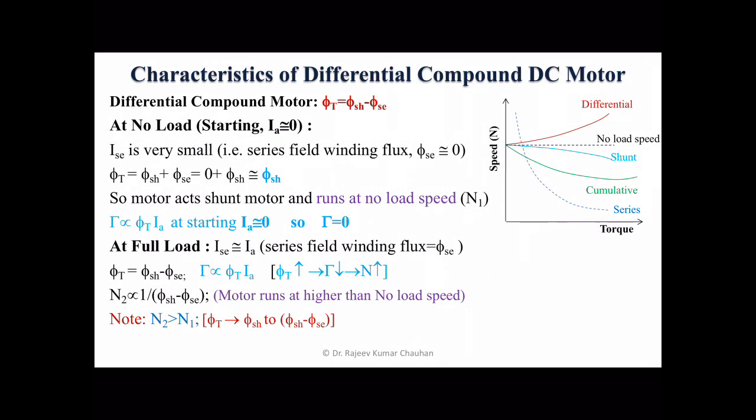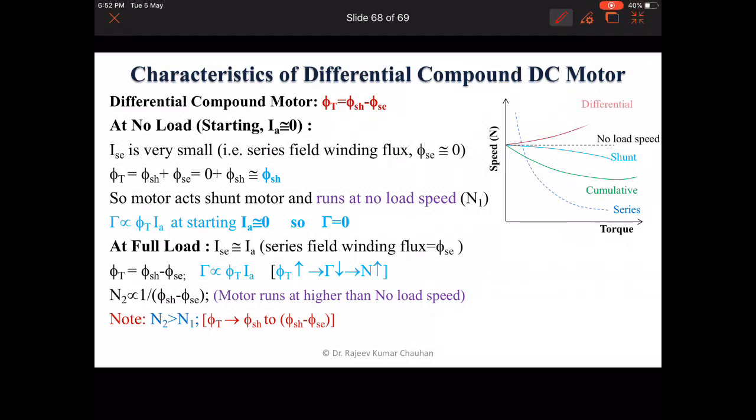Differential compound motor: phi t is equal to phi SH minus phi SE. So at no load, IA is equal to 0, so the value of phi t is phi SH. Tau is proportional to phi t into IA.